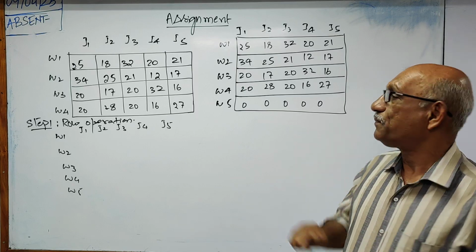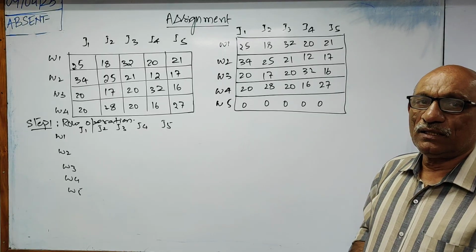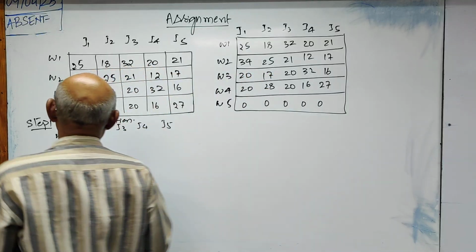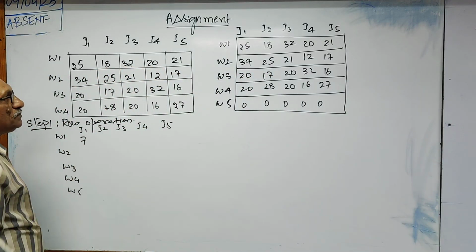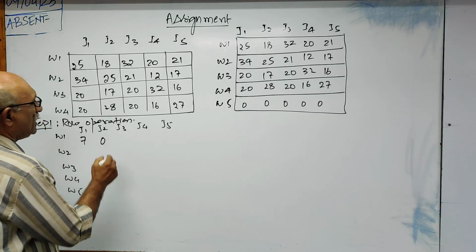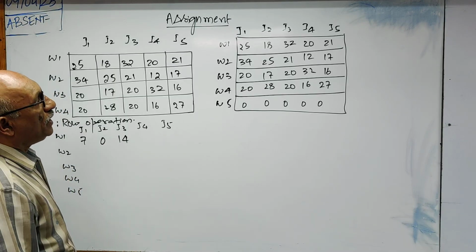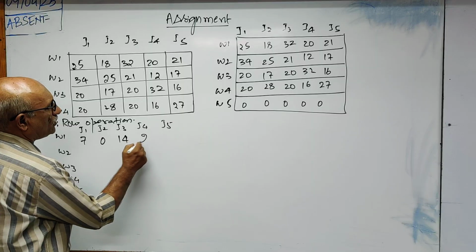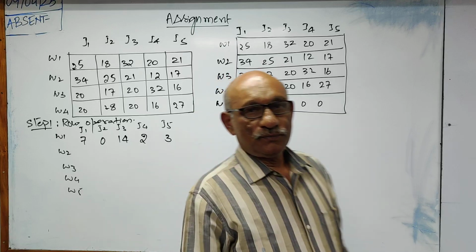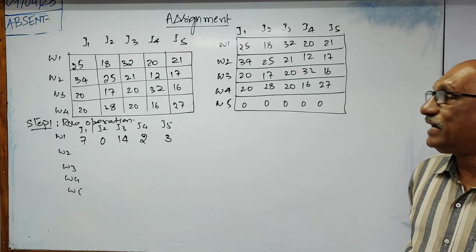So 25 minus 18 is 7. 18 minus 18 is 0. 32 minus 18 is 14. 20 minus 18 is 2. 21 minus 18 is 3.